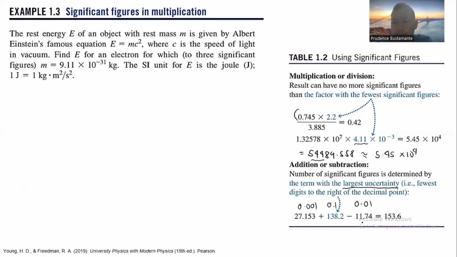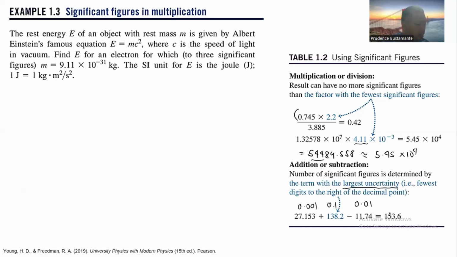That's what they mean. Again, refer to and read your book so that you can fully understand this concept. But for now, the easiest way is to look at the given numbers. Which of them has the fewest digits to the right of the decimal point? Then your answer must be in that form also.